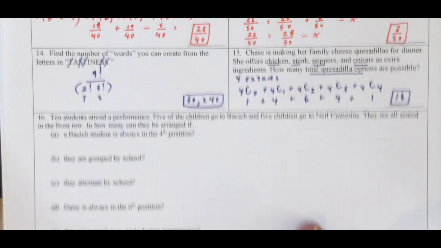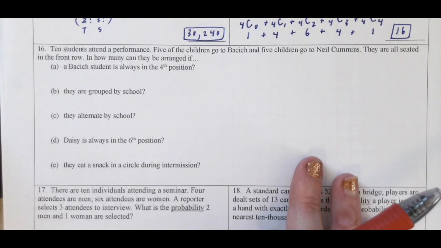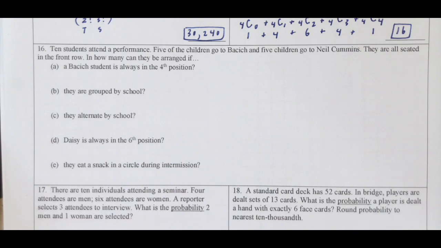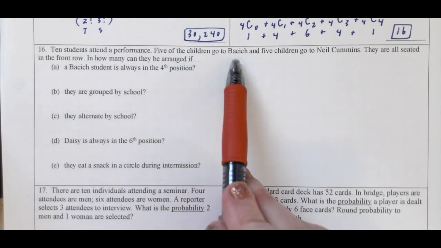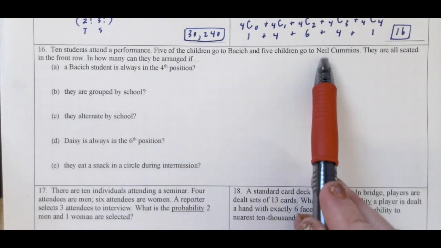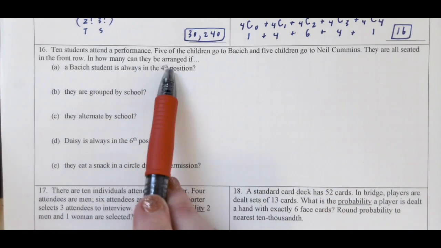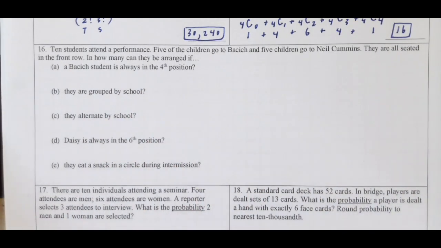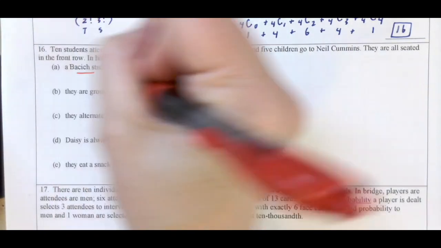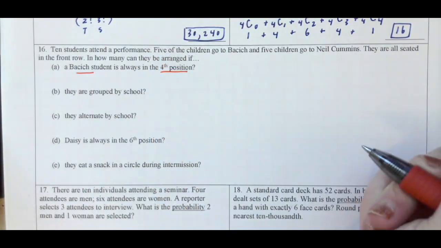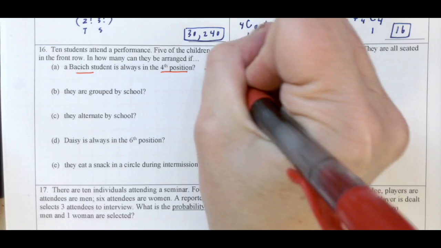All right, next up. 10 students attend a performance. We have 5 Basich kids, 5 Neil Cummins kids. They're all seated in the front row. How many ways can they be arranged if we have a Basich kid in the 4th position? Okay, so let's visualize that.